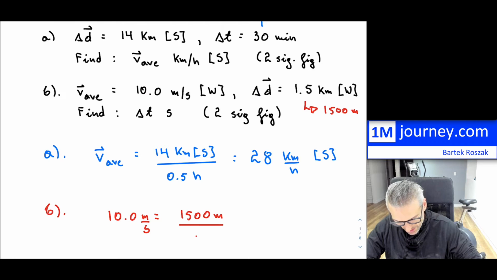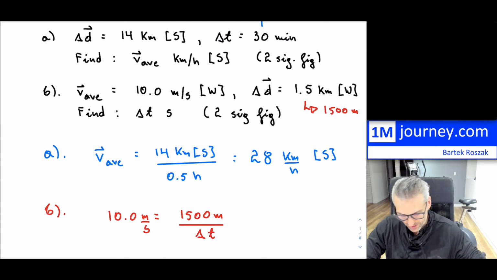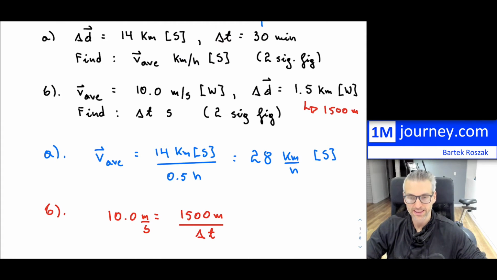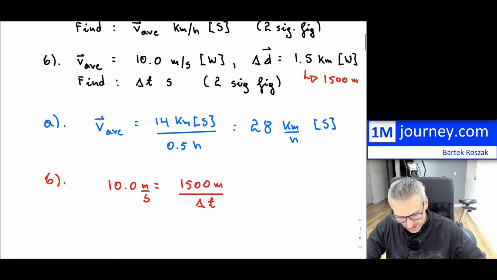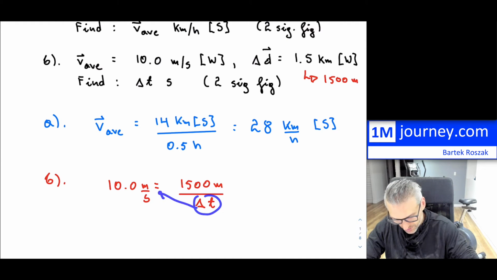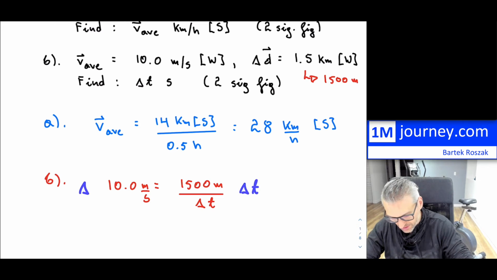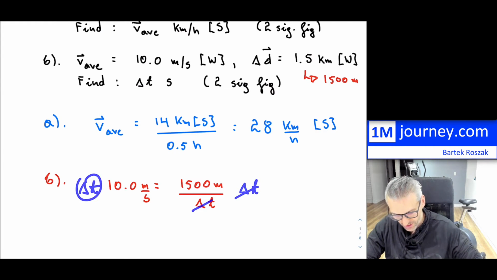And this is what we're trying to solve for, which is delta t. Now, to get delta t, we can move this right here and bring it up over here by multiplying both sides by delta t, right? So delta t will cancel, and it's going to appear over here.